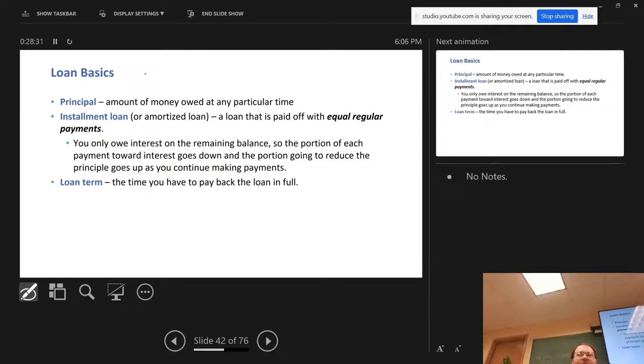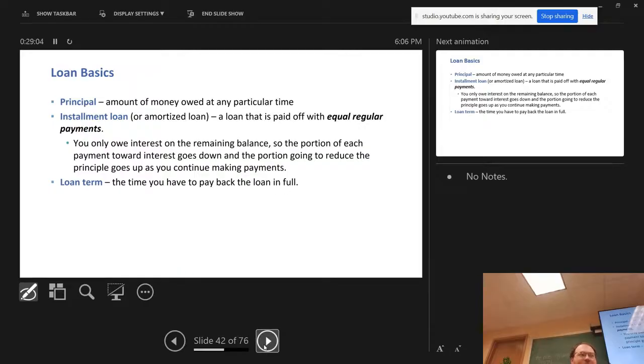Car loans typically are 4 to 7 years, I'd say, from what I've seen. Houses are typically 15 or 30. I know President Trump has been trying to get people on board with the 50-year mortgages, but there's a whole lot of reasons I would not recommend you do that, but that's just me.